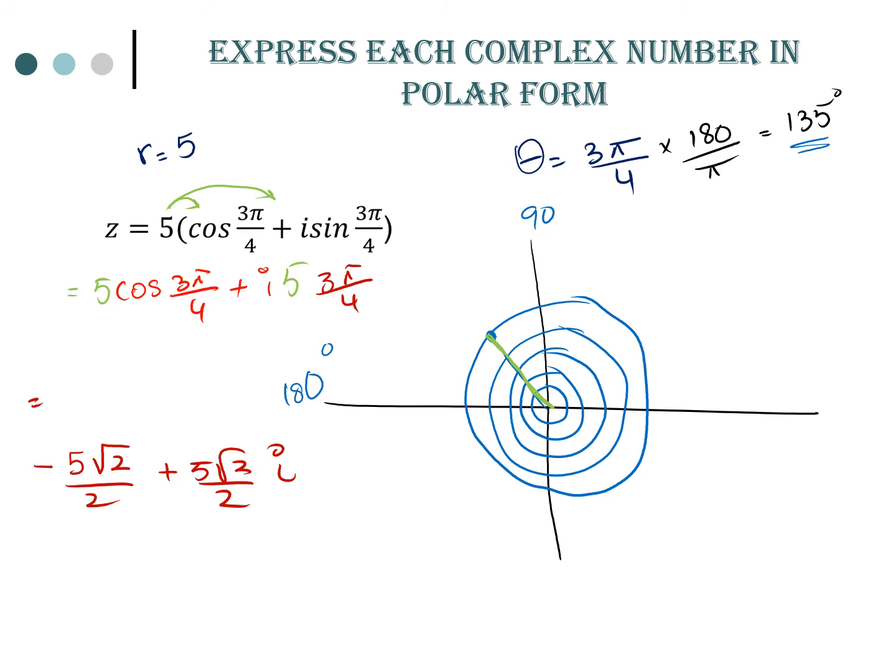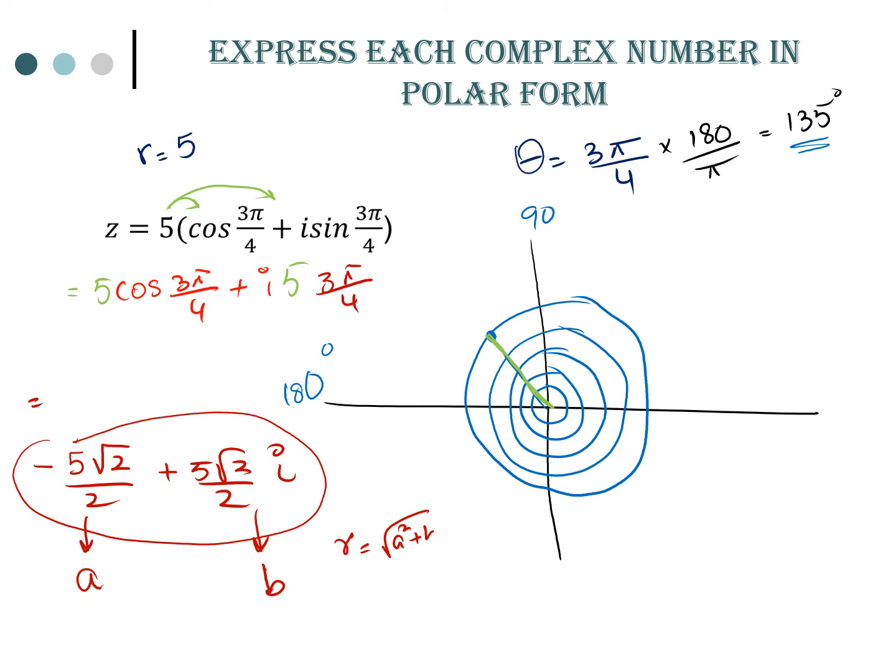Now what if this form is given to you? Means the question is given in this form and they ask you to change it into the polar form and sketch the graph in the polar grid. Then it is very simple, this is your A, this is your B. First of all, find the R by using the formula square root of A square plus B square.